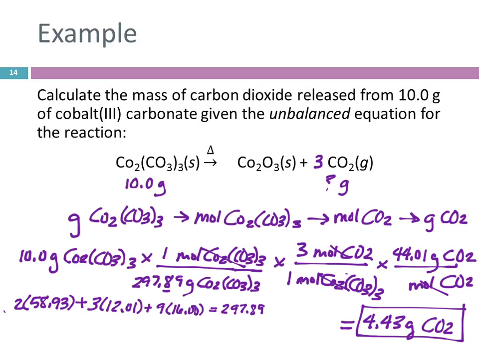My starting number of 10 had 3 sig figs. My result is going to have 3 sig figs. Good to practice your sig figs, but if sig figs gave you a lot of trouble, a good shortcut here is however many you started with, that's how many you should end up with. Works most of the time. Any questions?